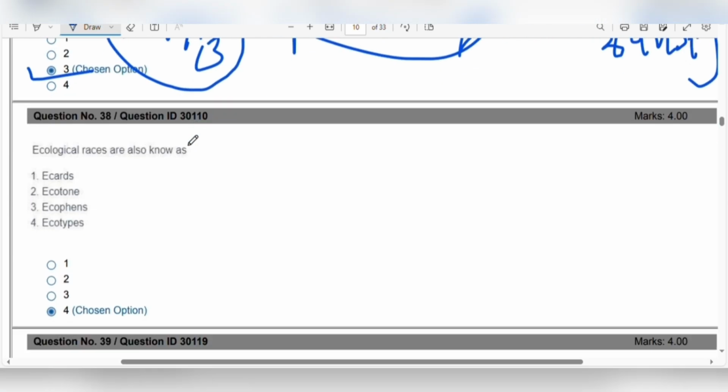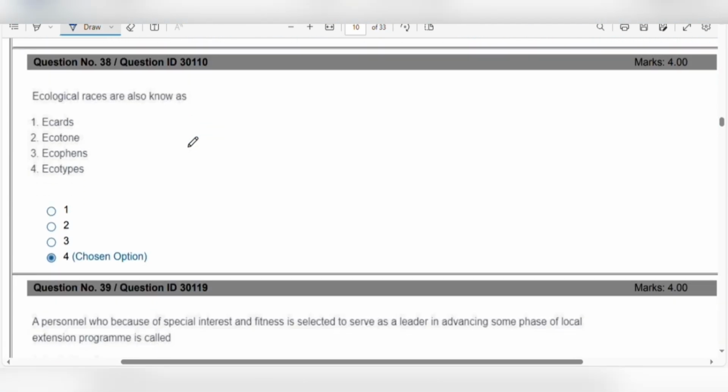Fine. Moving on, here is a question from environmental science, the ecology portion. Ecological races are also known as, this is a very straight question, and you should know this. This is ecotype. Here we should focus on the other options also a bit. What is ecotone? Ecotone means the transitional region or area between two different communities.